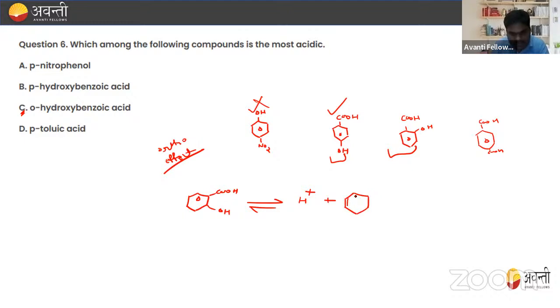This one, this one, and this is nothing but O, O, H, O negative, and this, right? So due to this, hydroxy acid is the strongest acid due to the stabilization of the H bond, right? So due to this reason, this ortho hydroxybenzoic acid is good acidic in nature.